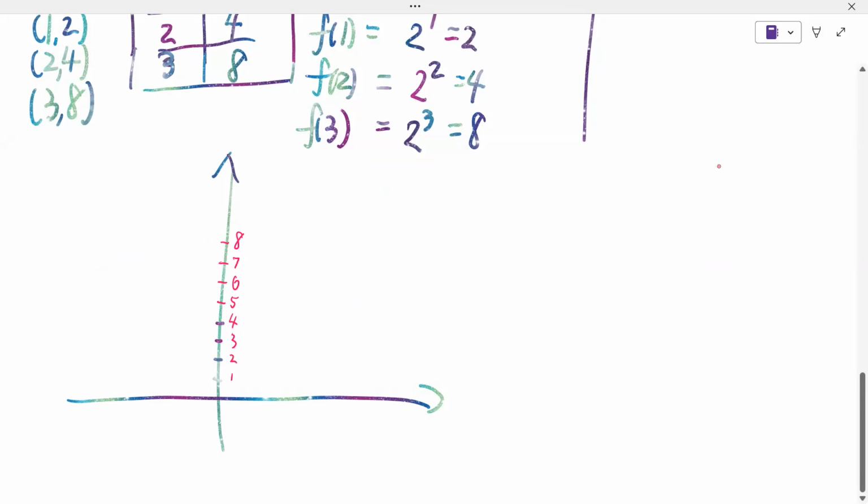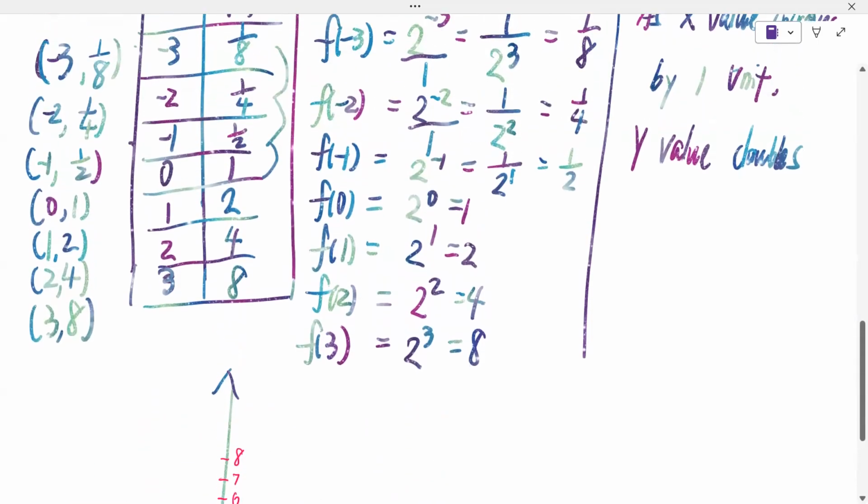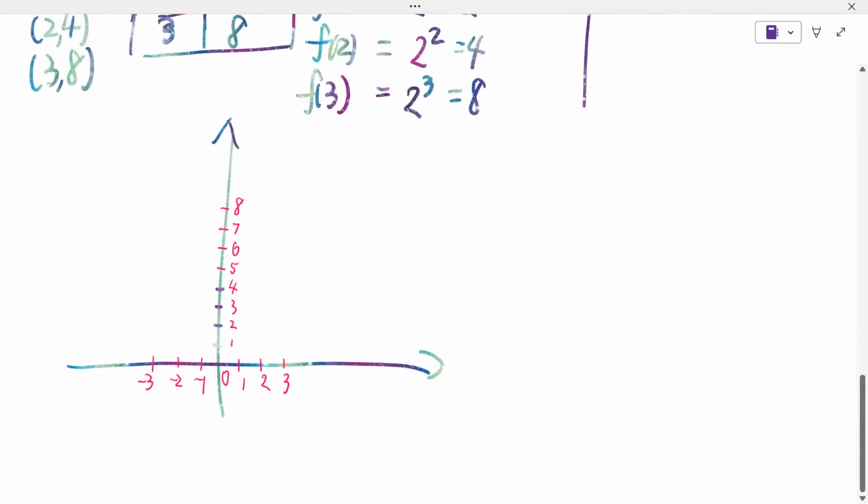On the horizontal axis, it's going to be -1, -2, -3, and 0 in the middle. 1, 2, 3. And start plotting this, right? The first one is -3, 1/8. So it's right here. So this is the half, the quarter, and the 1/8.